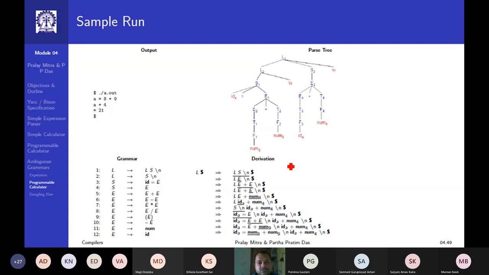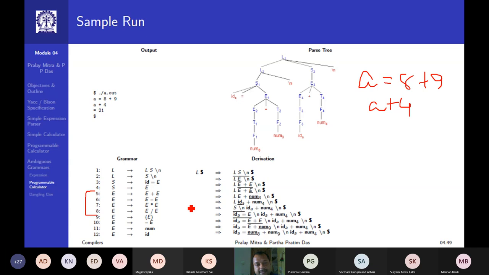It is a equals 8 plus 9 slash n, a plus 4 slash n. So here it is, a equals 8 plus 9, a plus 4. Now you see that I am using an ambiguous grammar.